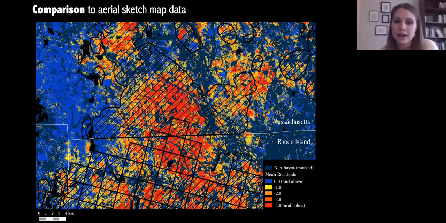And underlain is the map that we produced of potential damage. You can really clearly see here that our map provides much more precise estimates of the area damaged. It overcomes issues of differences in methods across state lines. Massachusetts has a very different survey approach than Rhode Island, with Massachusetts using polygons, while Rhode Island is using grid cells.